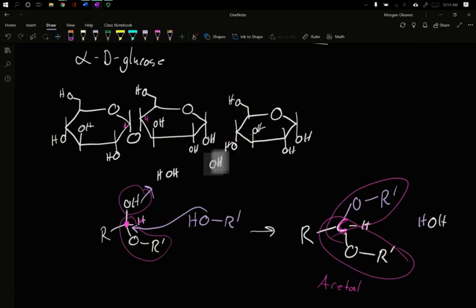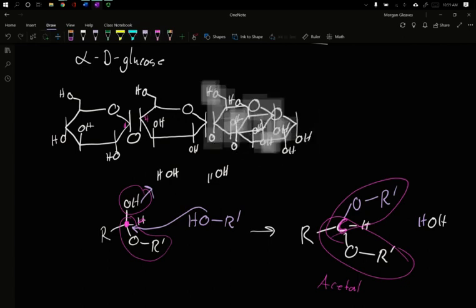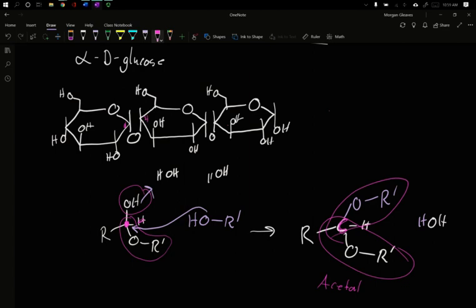You could lose water off one, and then have these two rings pull up and interact. So make that oxygen a little bigger, just so you can see it clearly.